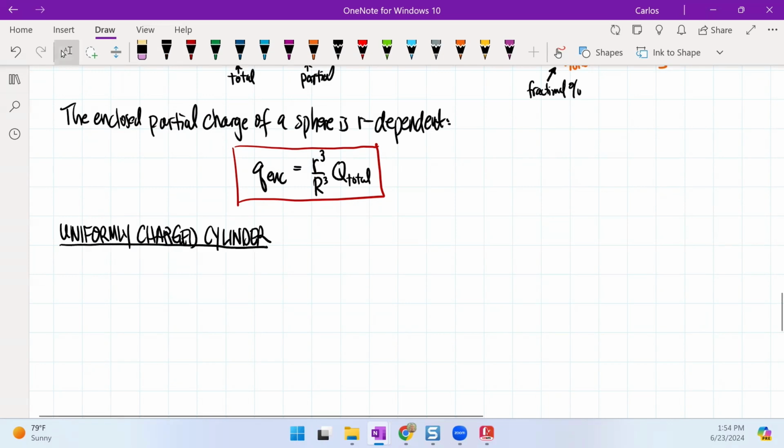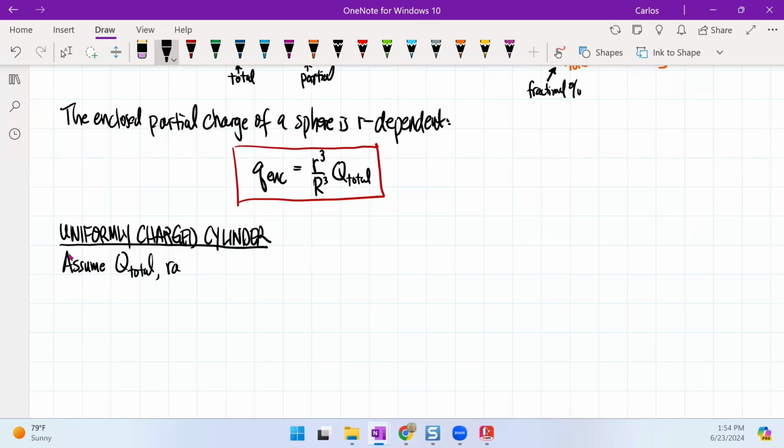This is almost the identical situation as before, so we'll move a little bit faster here. What are we going to assume? The same type of things. We assume that we have total charge.